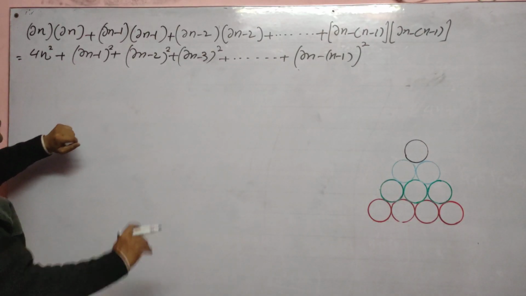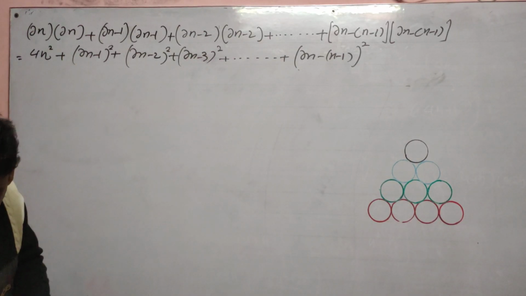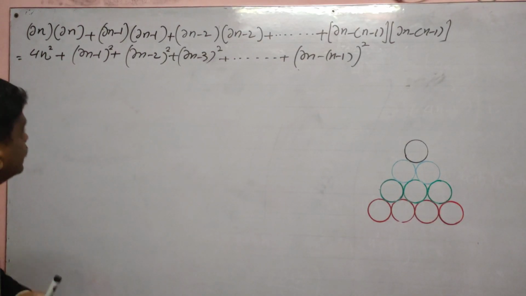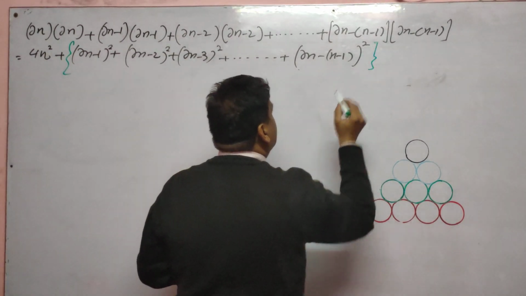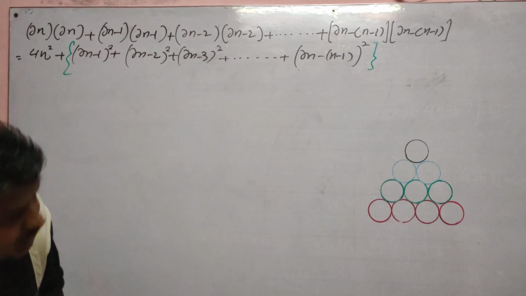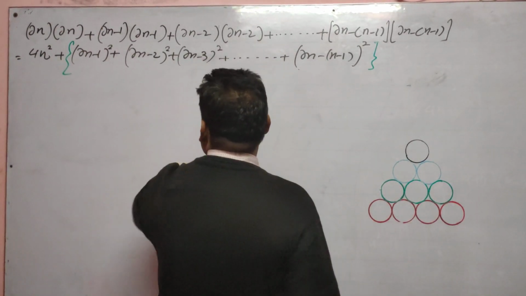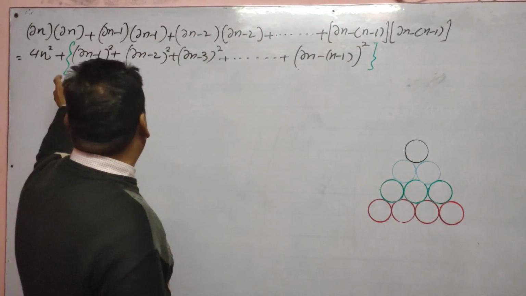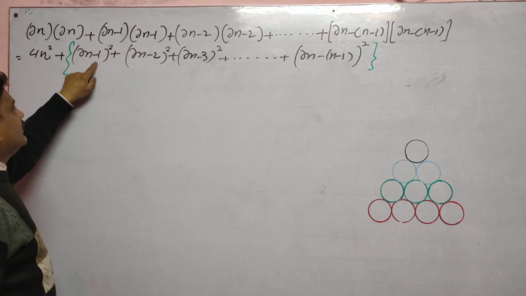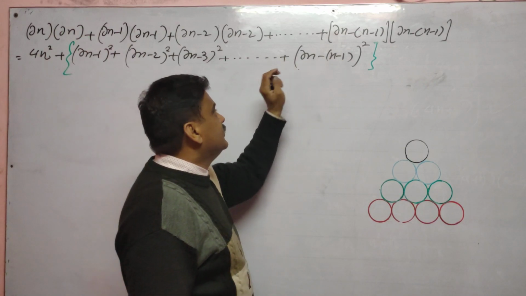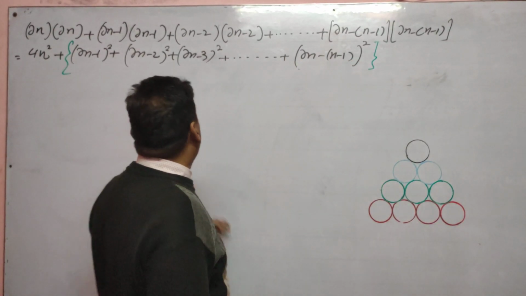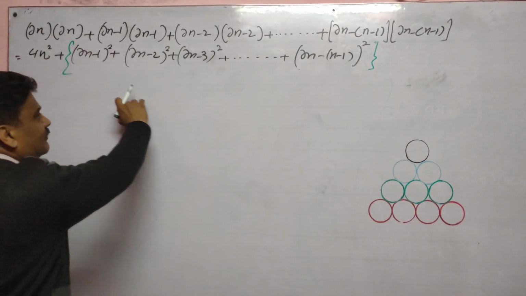The number of terms in the bracket is n minus 1, because by splitting, 1, 2, 3, 4, 5 and so on go up to n minus 1. Hence the total number of terms in the bracket is n minus 1.